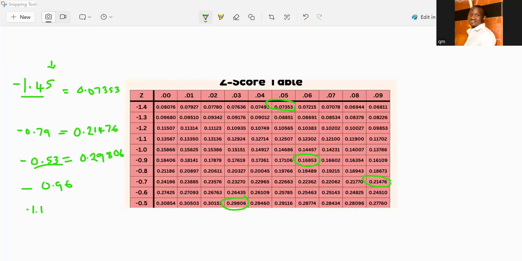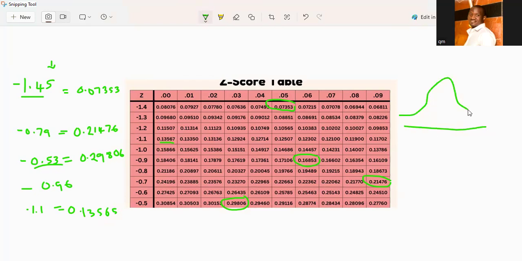So you go to exactly 1.1, then under 0. 1.1 negative, and so this is the reading here. So here we're going to have 0.13567.